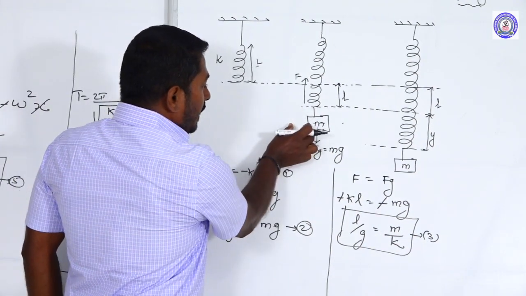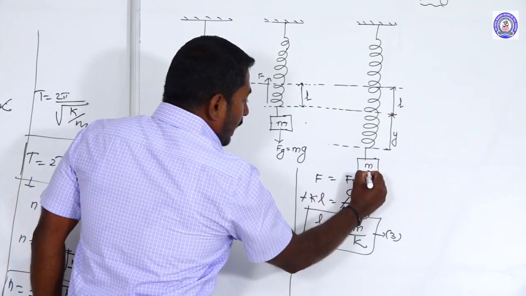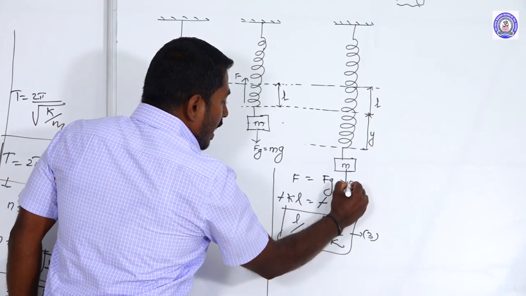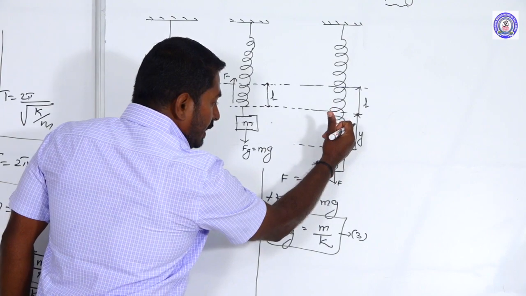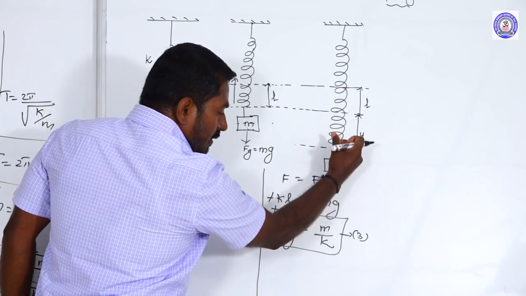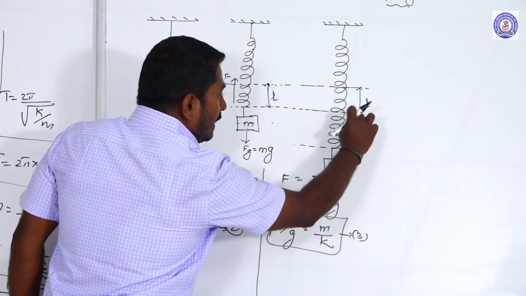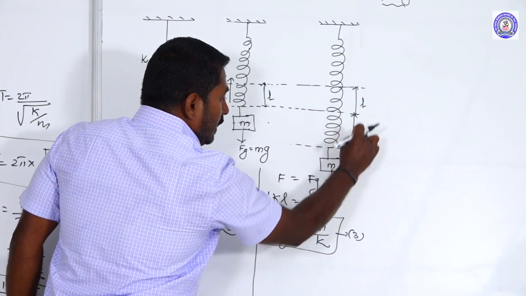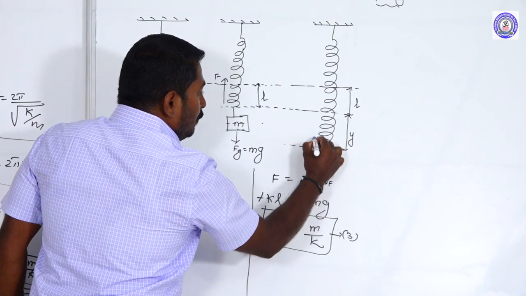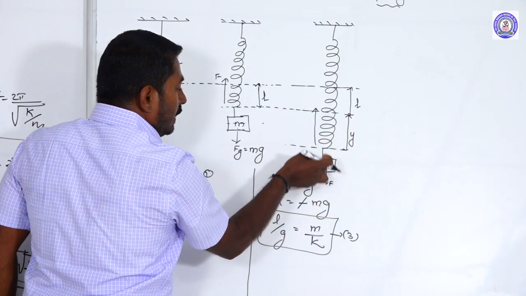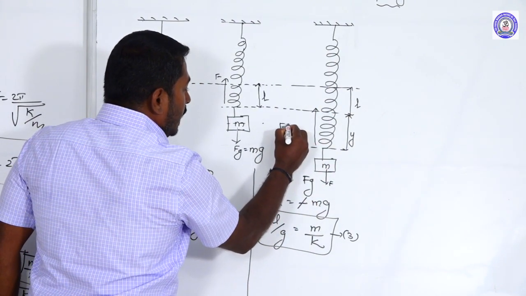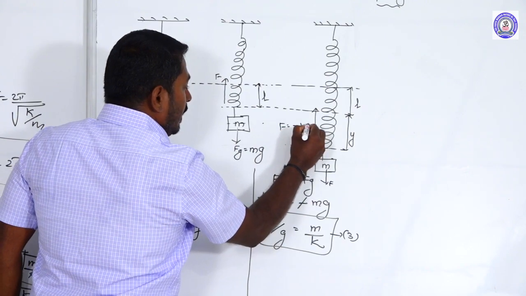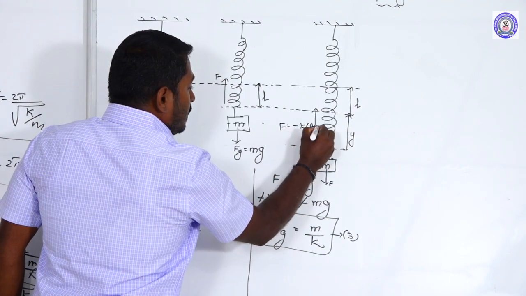Now at this equilibrium position, we apply an additional force on the block vertically downward, pulling the block down. Further extension is produced in the spring, from L to L plus y. Now the restoring force exerted by the spring on the block is F equals minus k times L plus y.